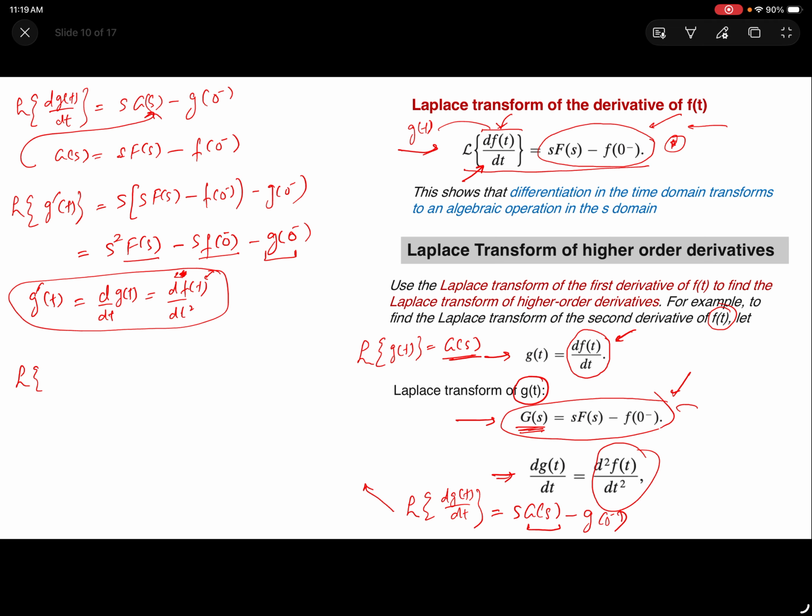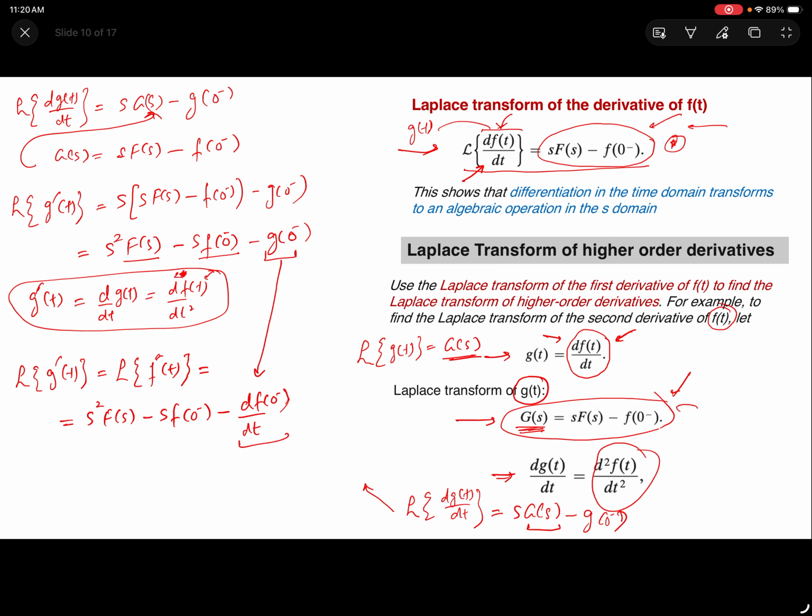Again, the Laplace transform of the first derivative of g of t, which is the Laplace transform of the second derivative of f of t, should be equal to s squared f of s minus s f of 0 negative minus g of 0 negative. What is g? Again, g of t equals the first derivative of f of t, so I'm replacing this term over here with the first derivative of f at 0 negative. So I can replace this entire equation with this.